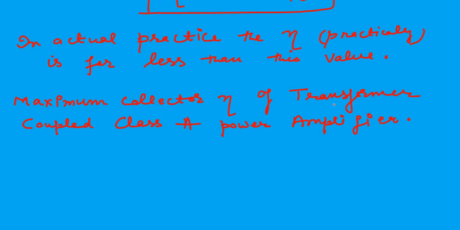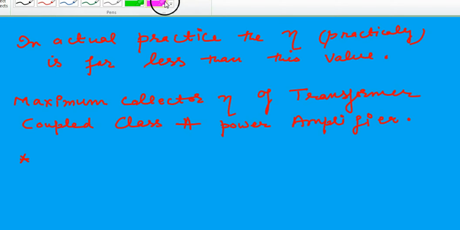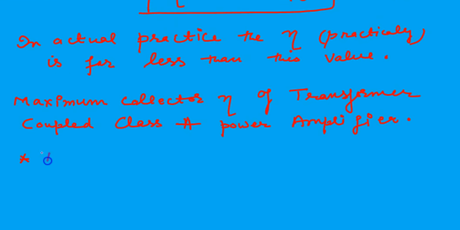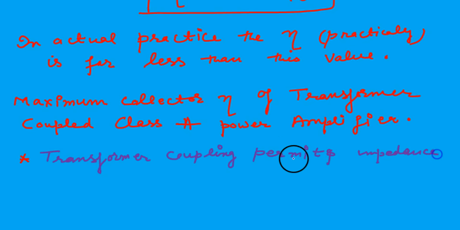So instead of directly using the RC or the load resistance, we use a transformer at the collector side. If transformer coupling is used, it permits impedance matching first of all.